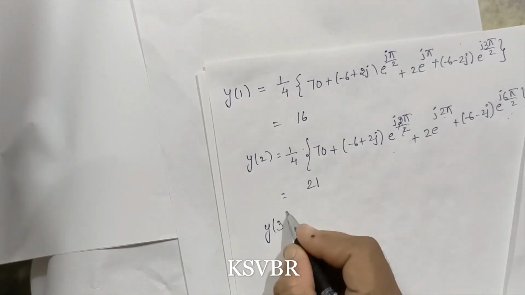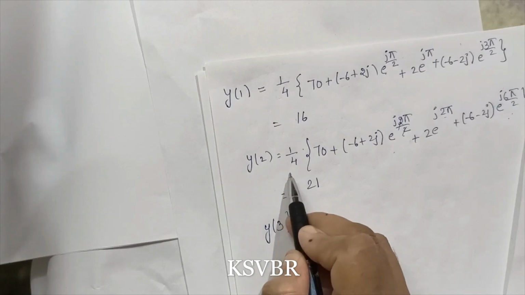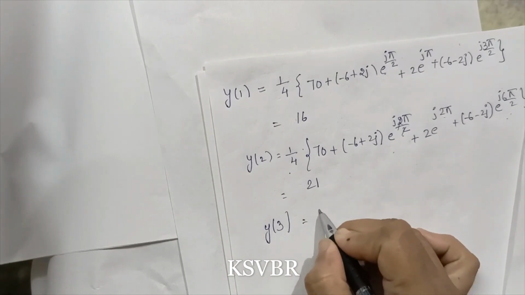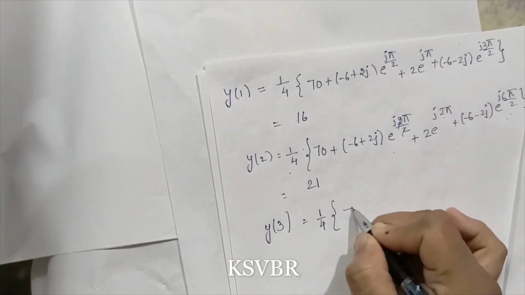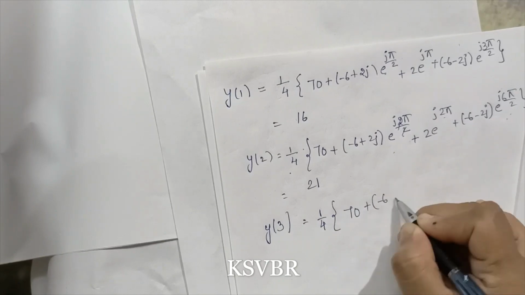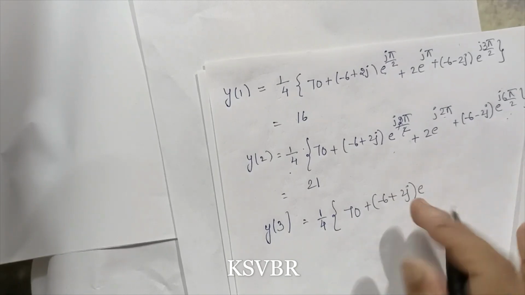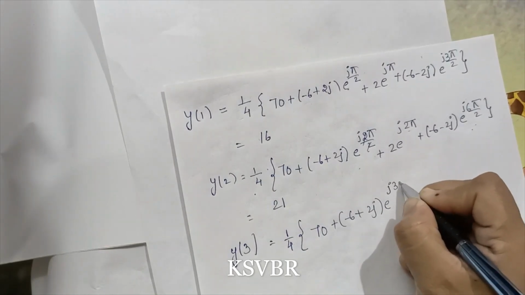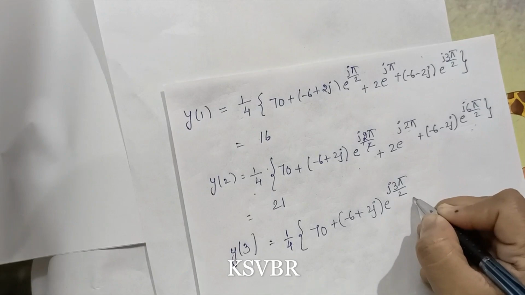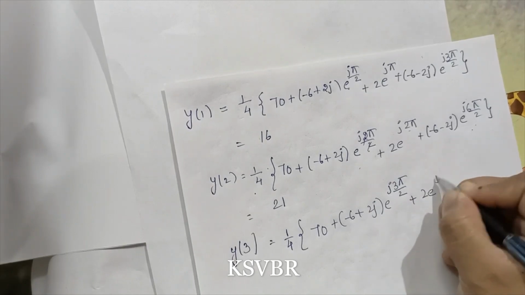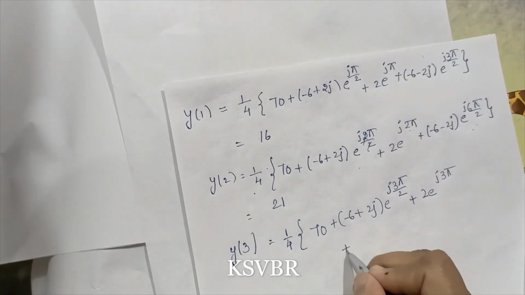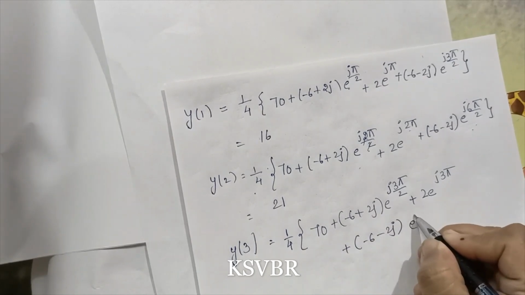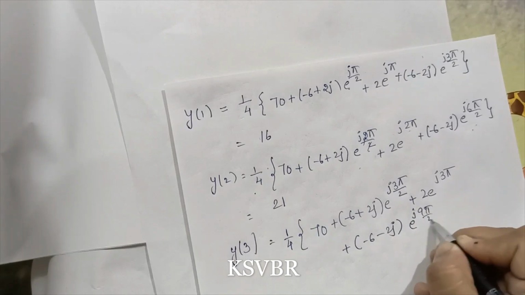So y(3), and don't forget this 1/4 before, okay? If you forget this one, the entire process will go wrong. So for y(3) also you have to substitute small n equal to 3: 70 plus (-6+2j) into e^(j3π/2) plus 2 e^(j3π) plus (-6-2j) into e^(j9π/2). Okay.